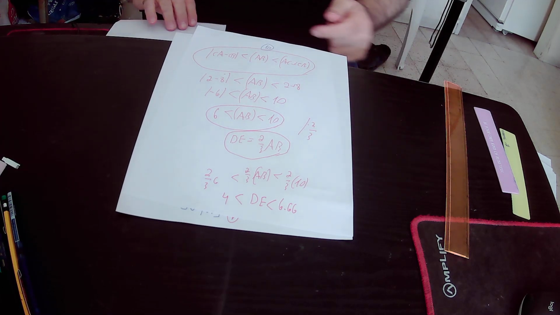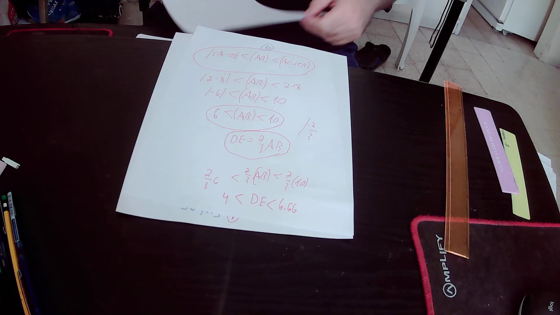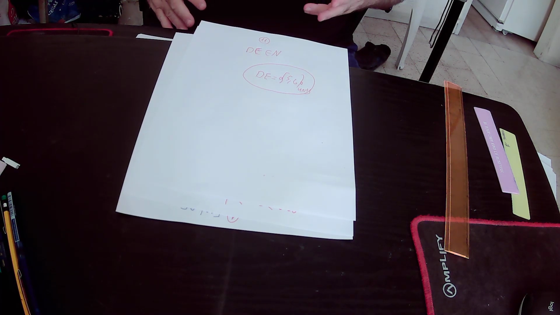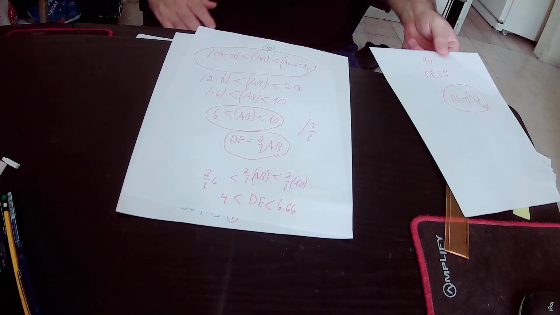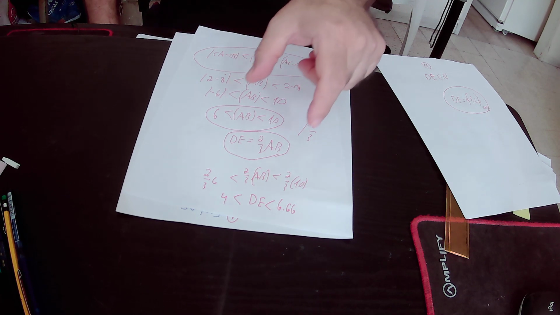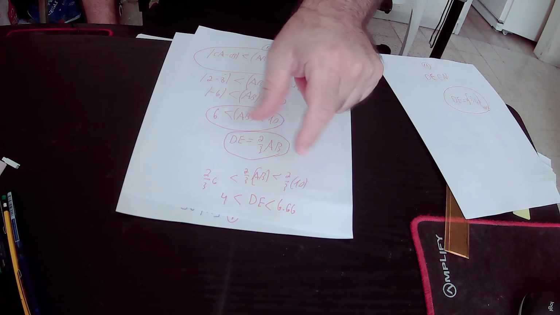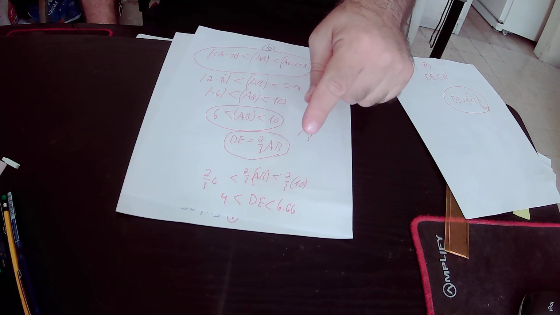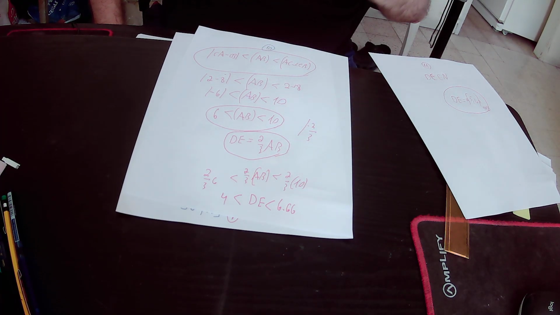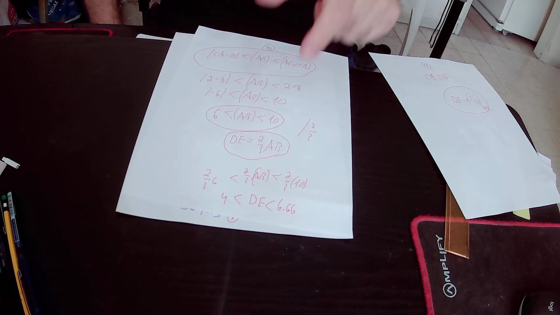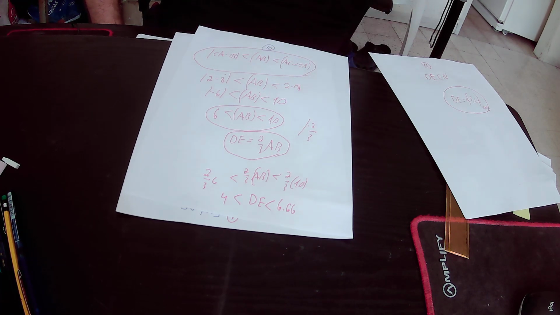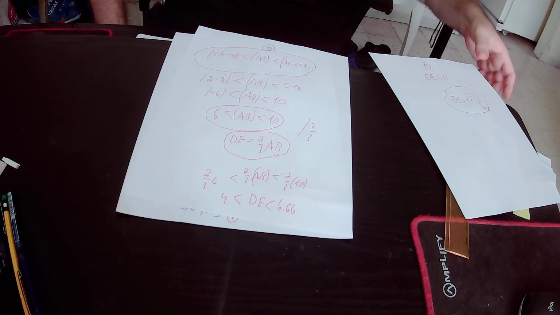But we also know that DE is a natural number. So we must find natural numbers that are greater than 4 and smaller than 6.66. We have only two such natural numbers, 5 and 6.